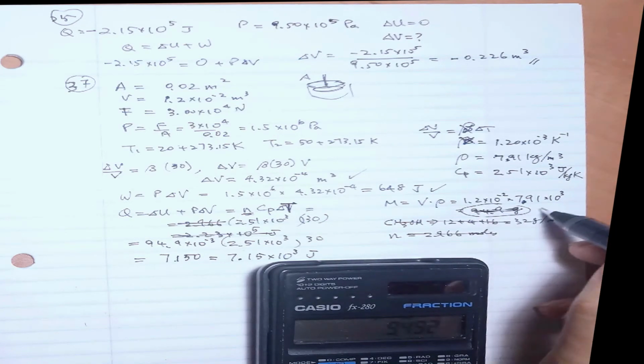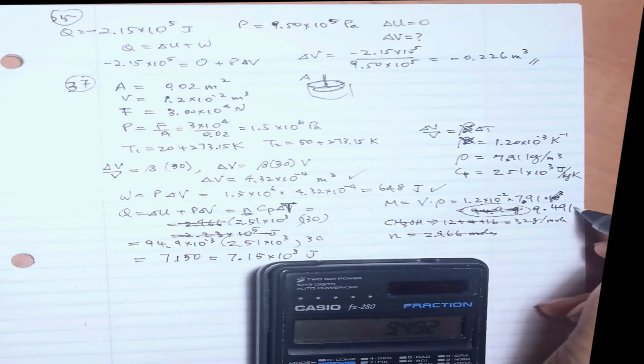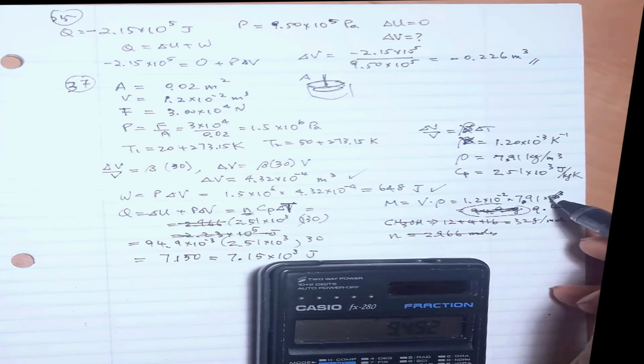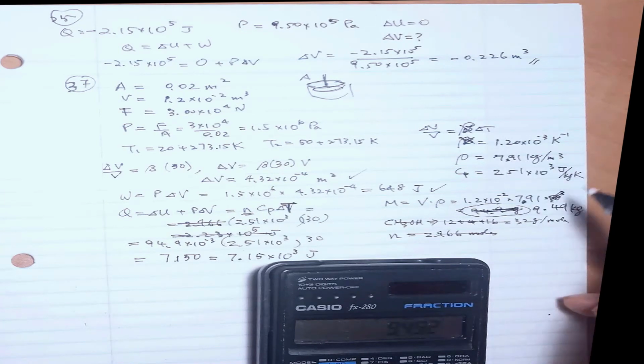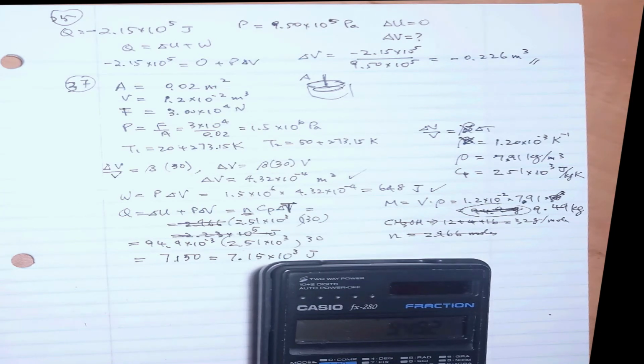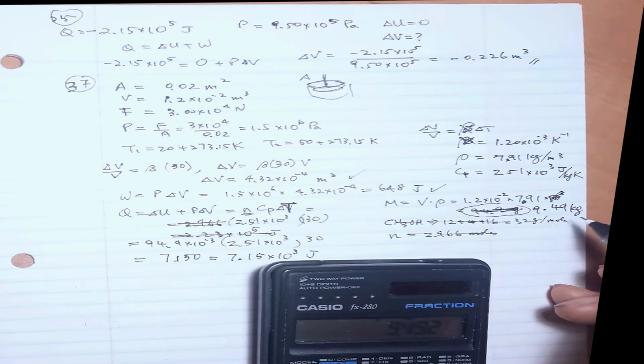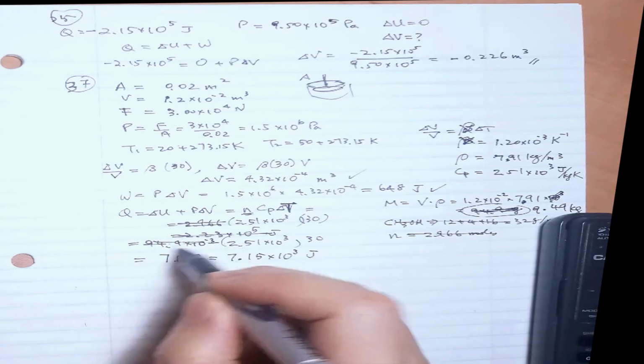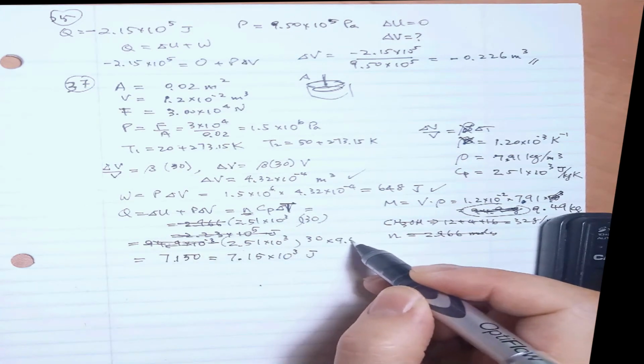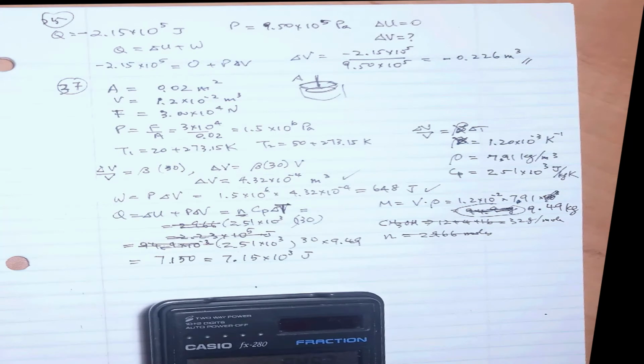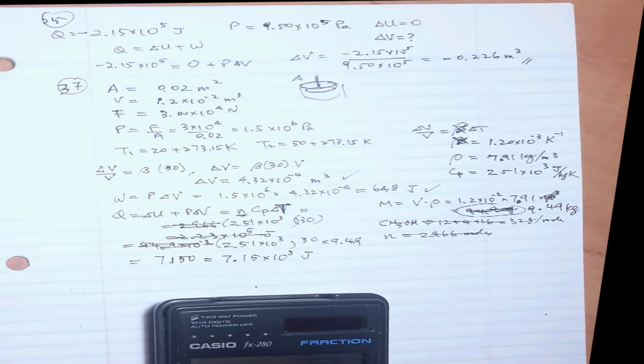So this is actually 9.49 kilograms. So if I just use 791 kilo times 1.2 times 10 to the negative 2, that is 9.49 kilo. So this is just 9.49 kilo times 30 times 2.51 times 10 to the 3.